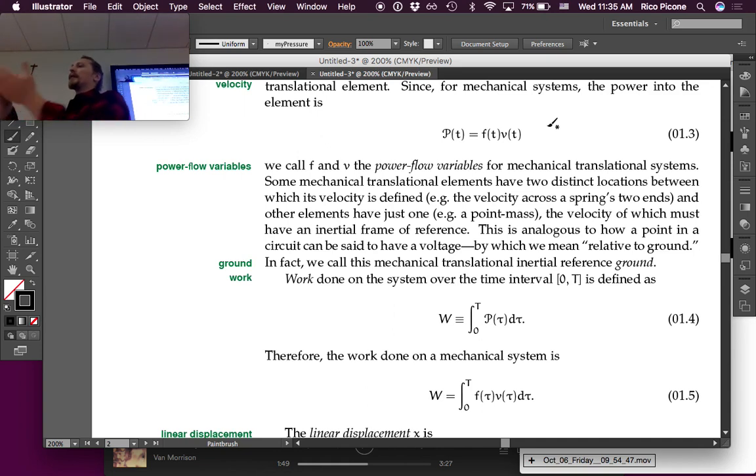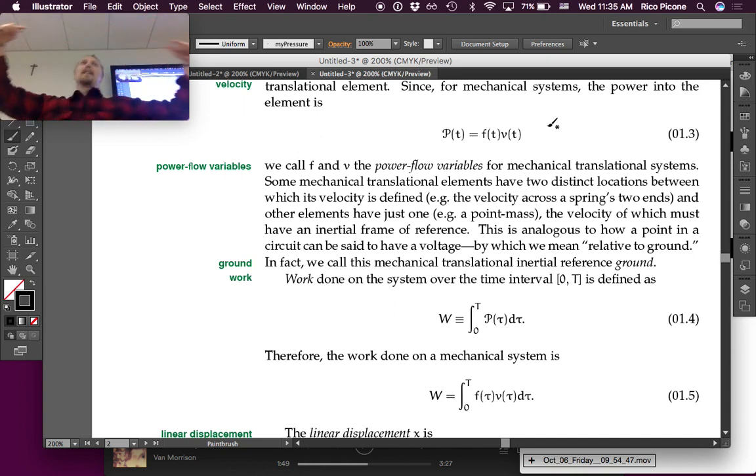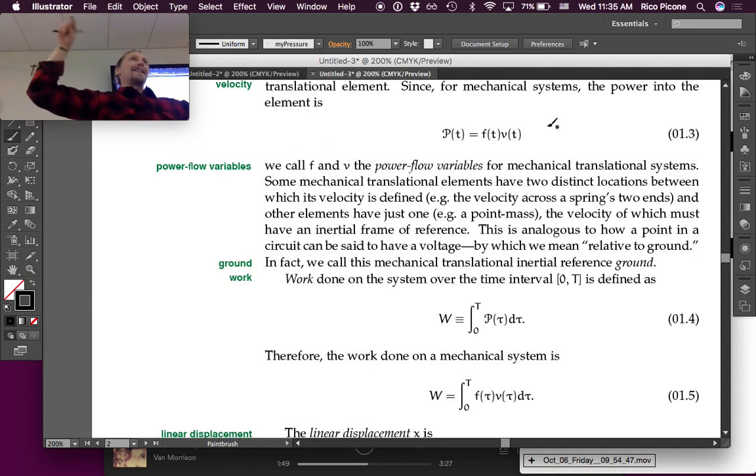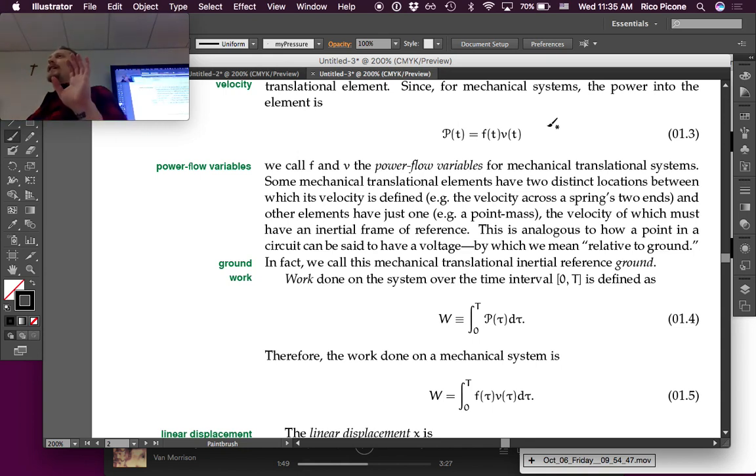If you cut a member, then anywhere you cut it, the force had to be transmitted through it. And so the force is transmitted through each member, and then there's a velocity across each member. That's the way that we think about this analogy. So for mechanical systems, we're working up to being able to think about them in a really similar way to the way we think about electronic systems. And this analogy is already starting to emerge.